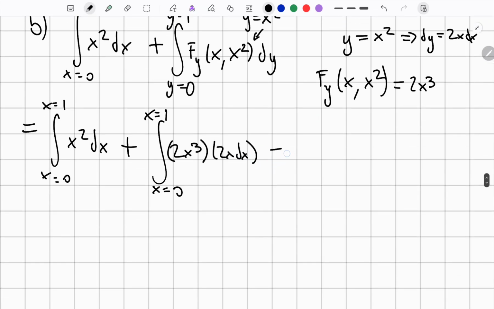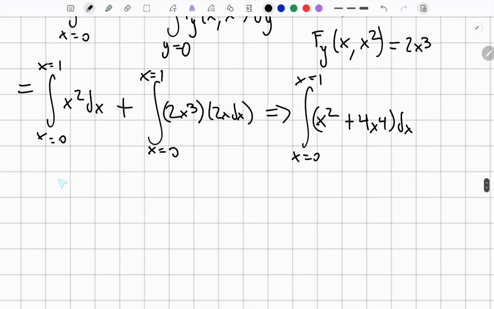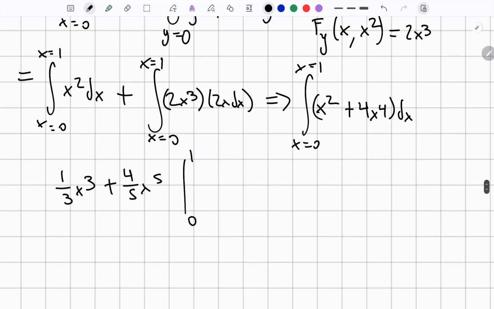So this can all be written as one integral from x equals 0 to x equals 1 of x squared plus 4x to the fourth dx, which is 1/3 x to the third plus 4/5 x to the fifth, all of this evaluated from 0 to 1.